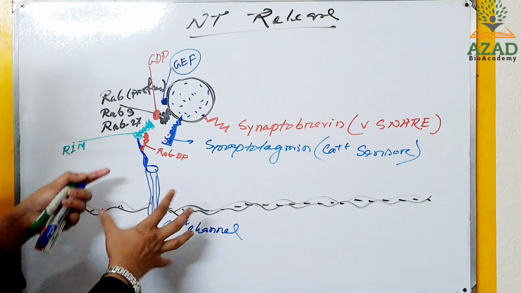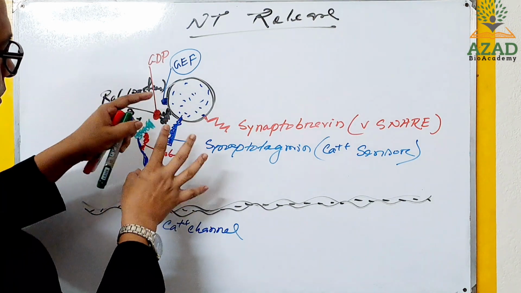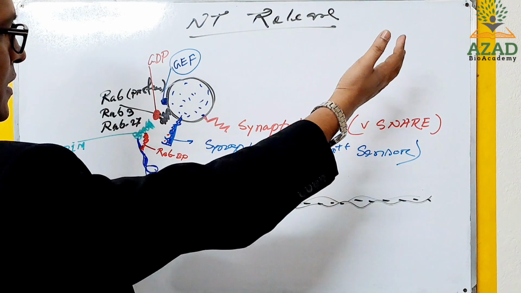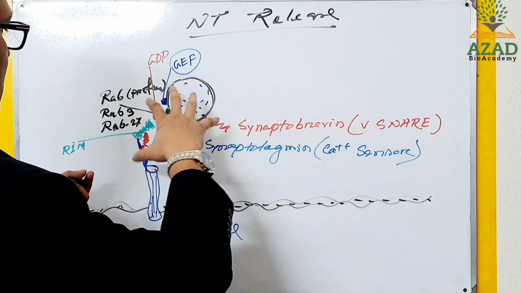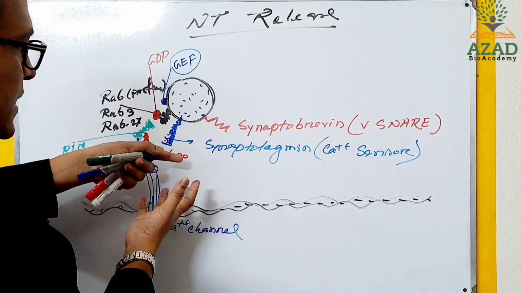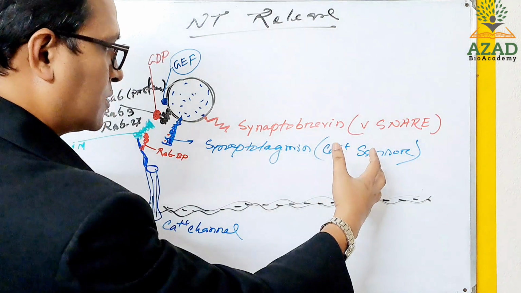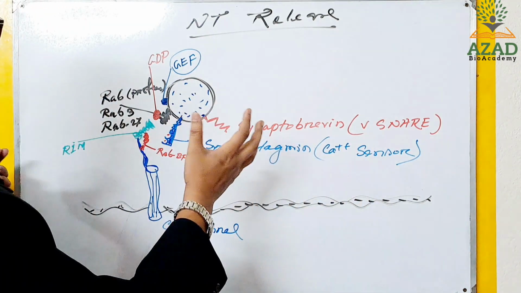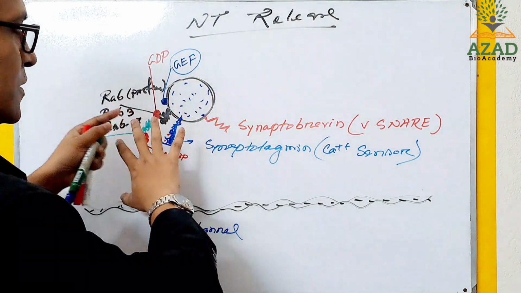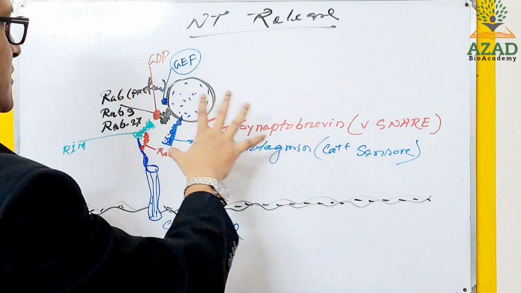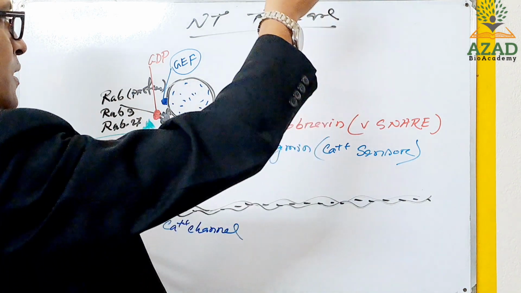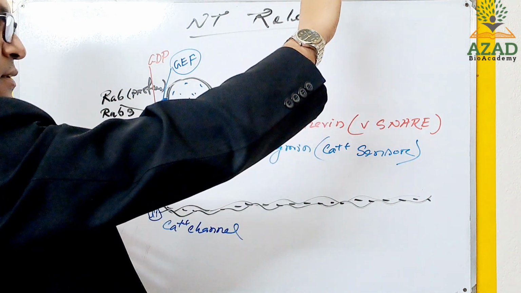Okay, so this is the initial stage before activation. They are attached very adjacent to the active zone, and no signal is attached here. That means the nerve is in an inactive state.